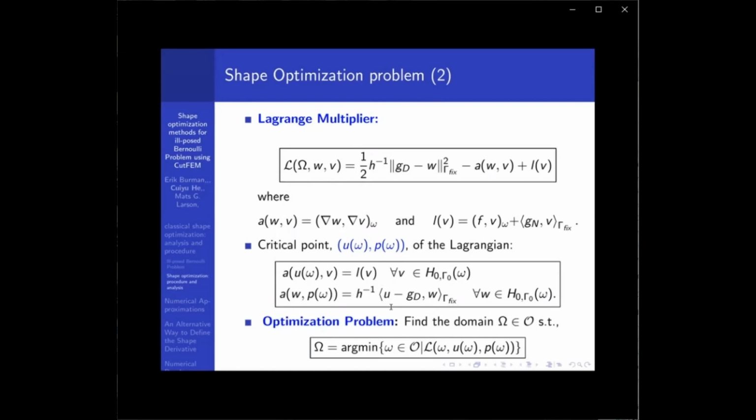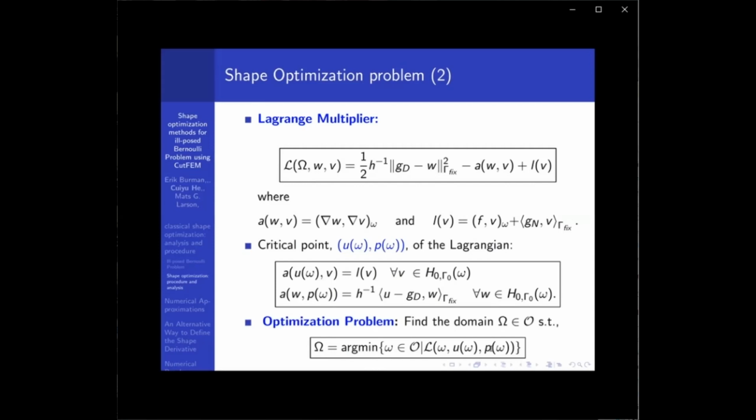And then the original optimization problem becomes an unconstrained optimization problem, which is to find omega, the minimizer of this Lagrangian, with u and p being the primal and dual solutions.